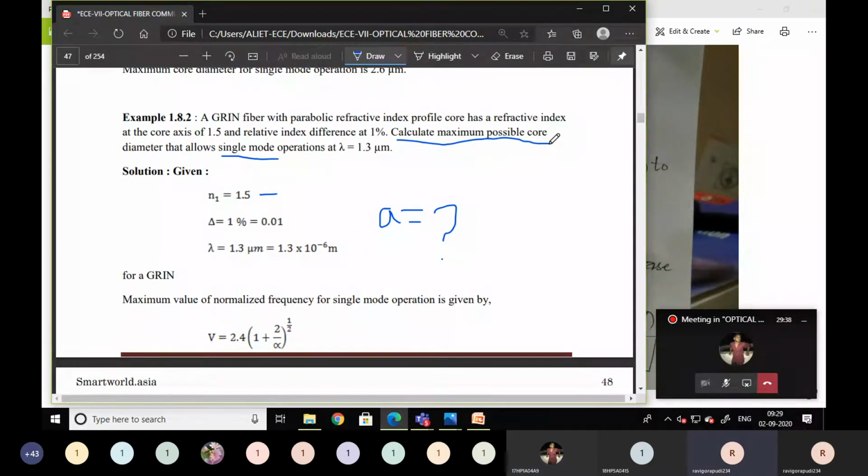Radius, sir, radius is calculated here. Okay, you have to read the problem once again. The question is asking to calculate the maximum possible core diameter.